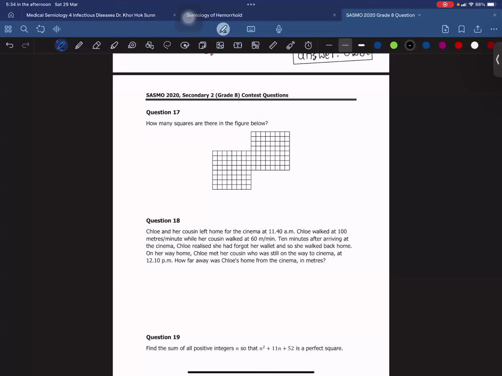The strategy is at first you need to find the number of squares like this, and then after that you need to find the squares like this. At first you need to find a 1 right here. After that you do it like this, and then you need to find a 3.